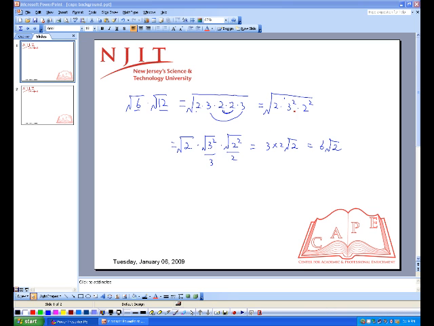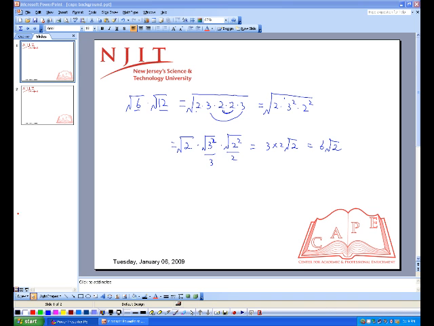If you do that, the square can cancel out with the square root, and you become a real number, and you free yourself from the square root. Anyway, so that's how you do it. So it's 6 square root of 2.